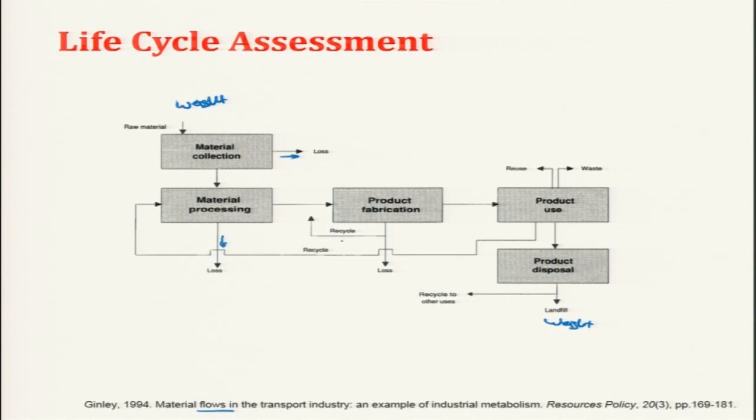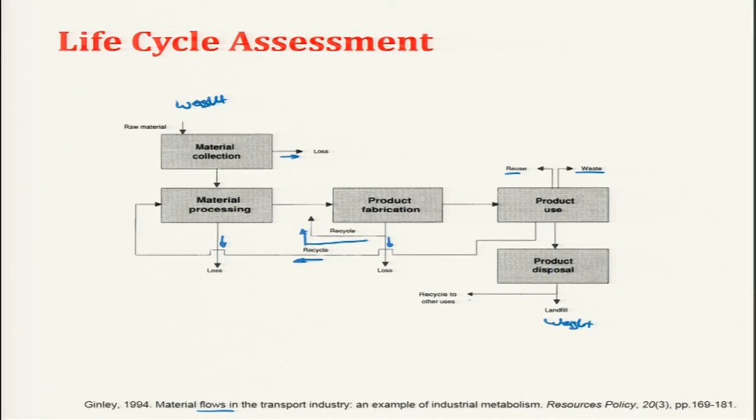This loss is again in the weight. During production or fabrication, there is some loss. This is the manufacturing of automobile, some loss, and in this case some recyclability is also there. After this, the product use is there, after use also there is some recyclability that goes here. Okay. At each stage there is some loss, and in reuse also some weight is reduced and waste is also produced here.